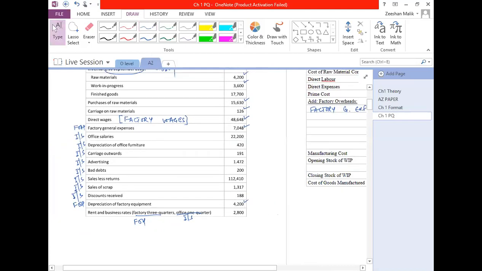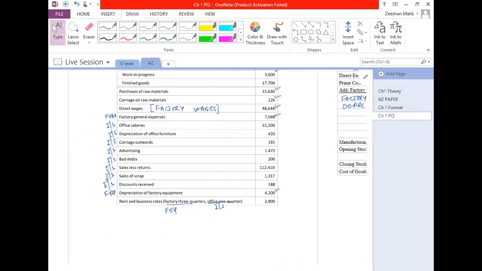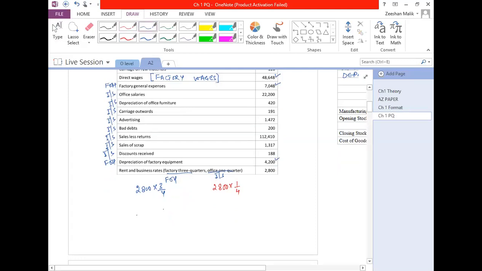Depreciation 4200. Rent 2800, 3 upon 4 for the factory, and 1 upon 4 for the office. 2100 and 700.